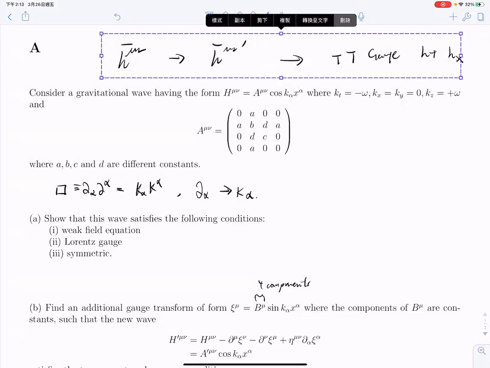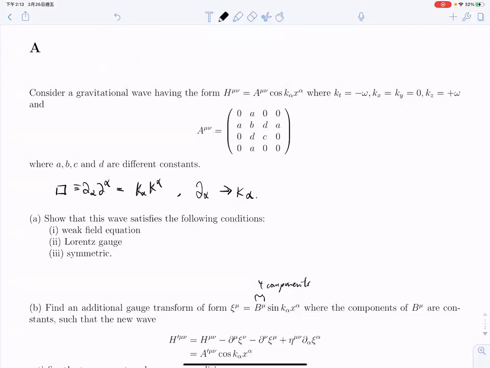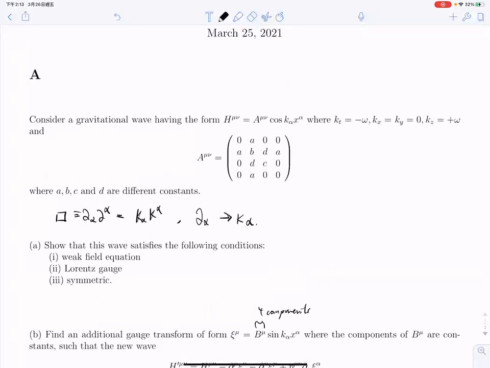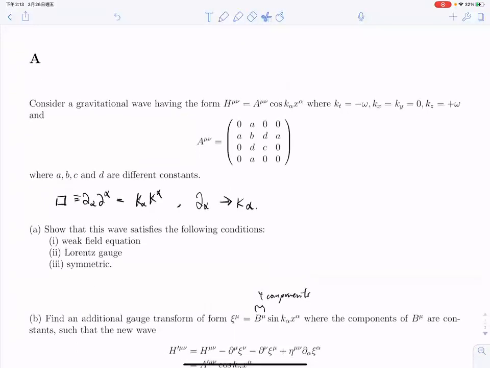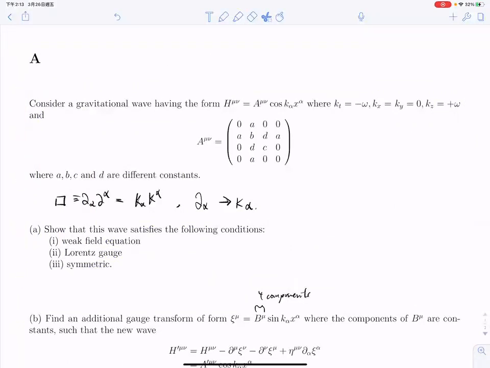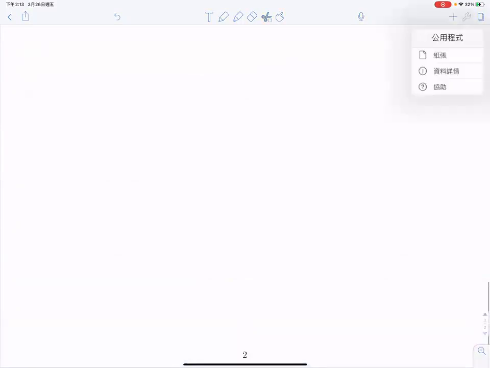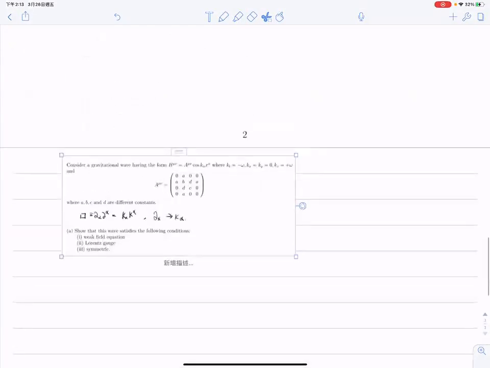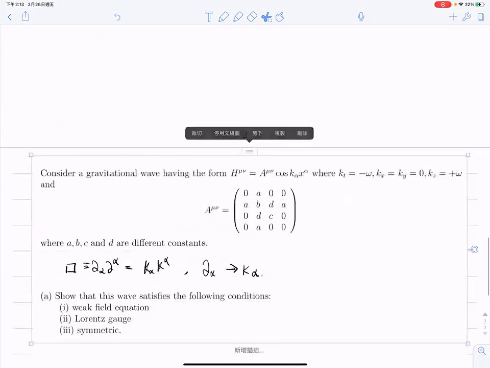So we have an arbitrary weak field metric, a capital A mu nu, with such assumptions. First, I have to copy this part so that you can see my question while I draw the answer.